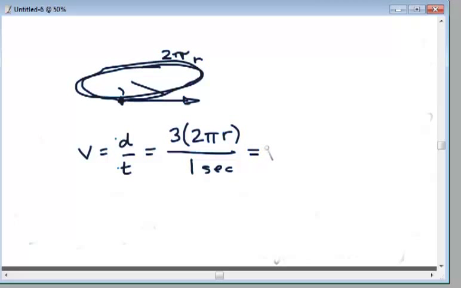So that's our velocity. And do we know r? Let's see. Yes, we do. It's 1.2. So if we put a 1.2 in here, we've got our velocity. Bingo. It'll be 6 times pi times 1.2 all over 1. That's going to be, well, you've got a range there between 20 and 30 meters per second.